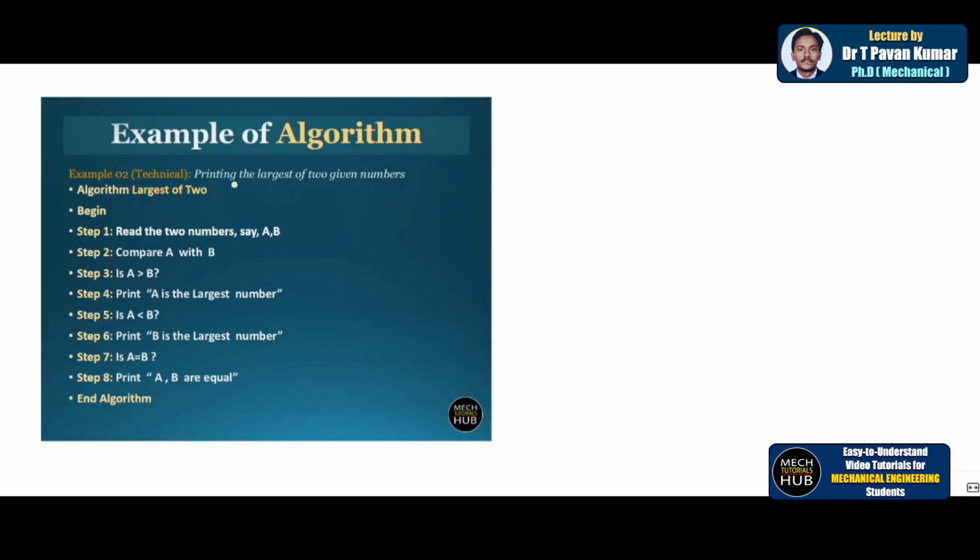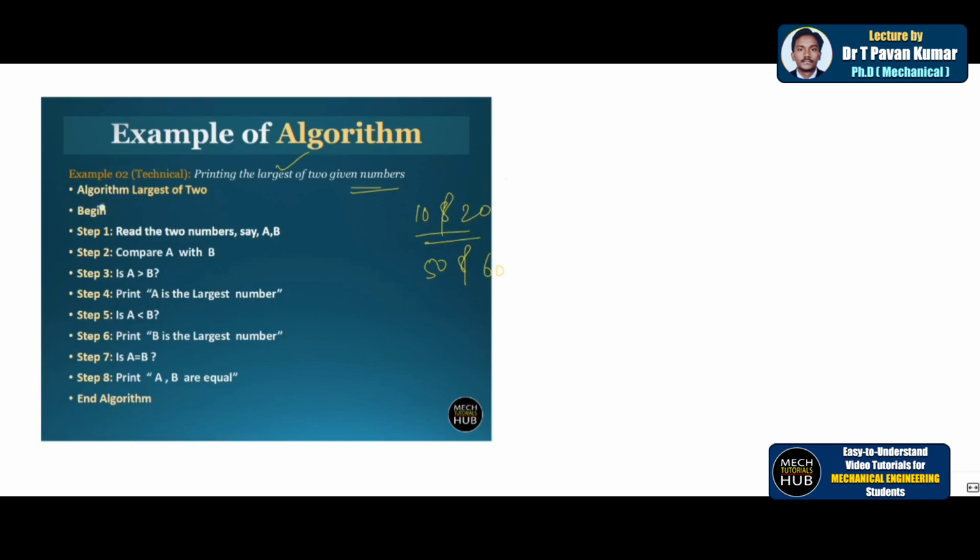Here the question is printing the largest of the given numbers. For example, two numbers are given, 10 and 20, 50 and 60, or 100 or whatever. So which is the largest of these two? That might be your question.